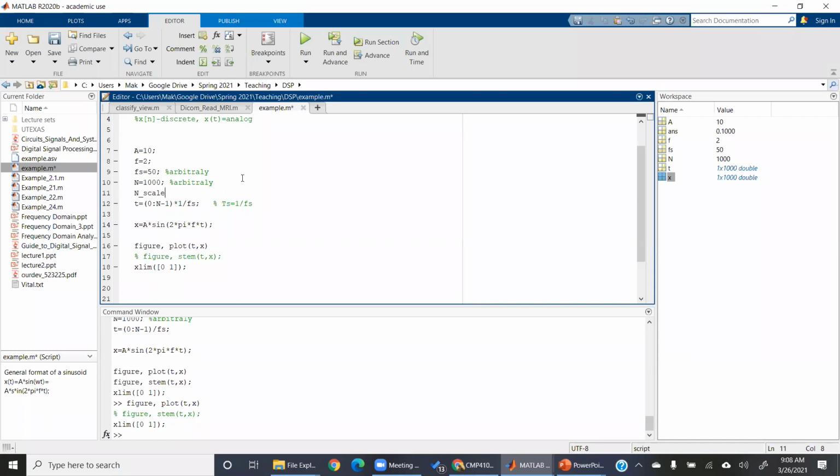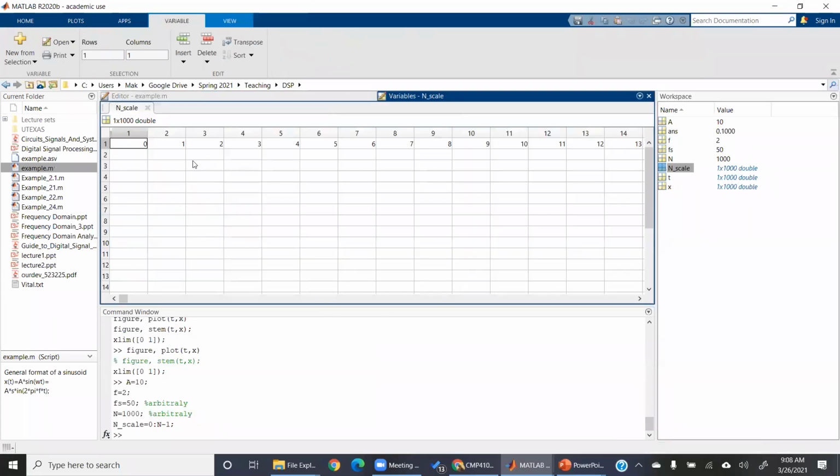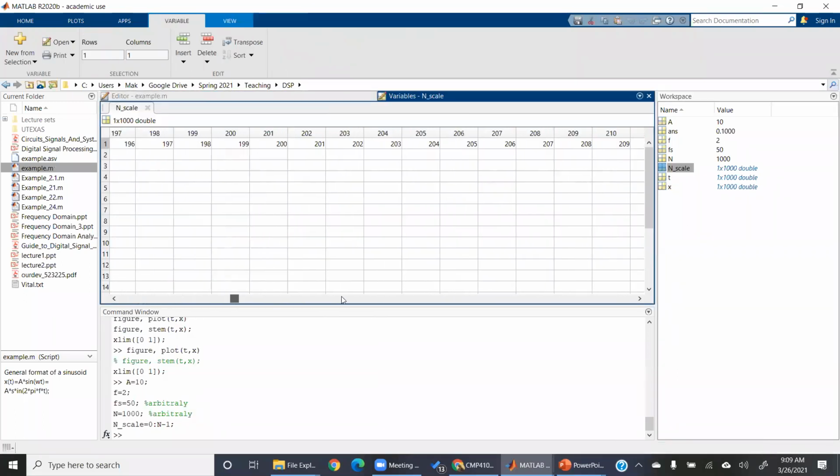The n scale will be 0 up to n minus 1, and then the time scale will be the n scale times 1 over fs. So you see the n scale is in steps of 1 all the way up to 999.